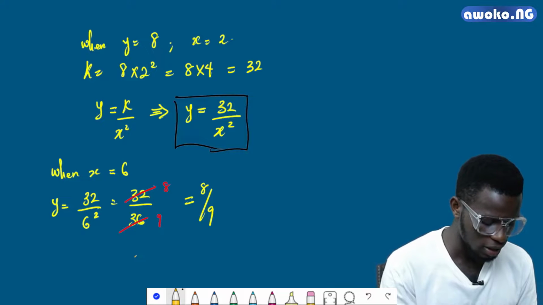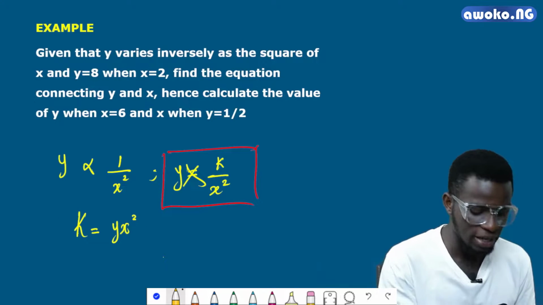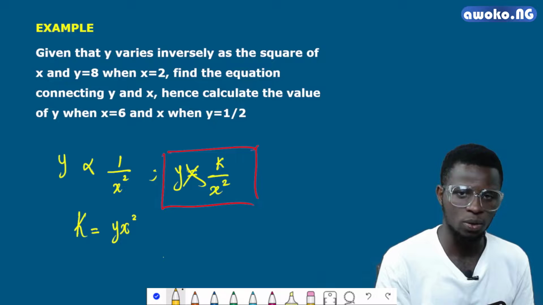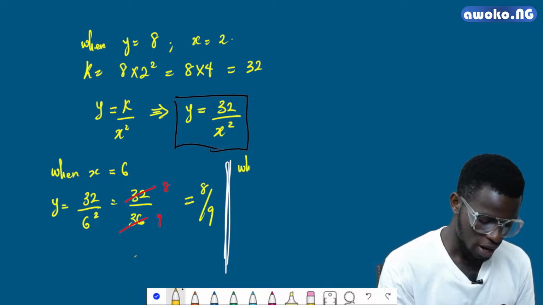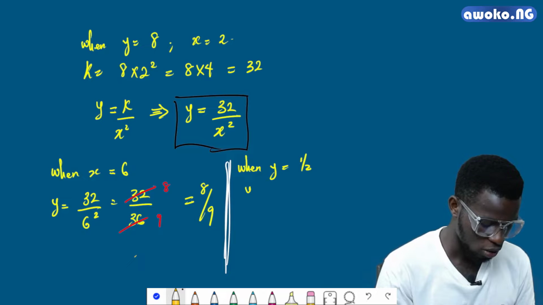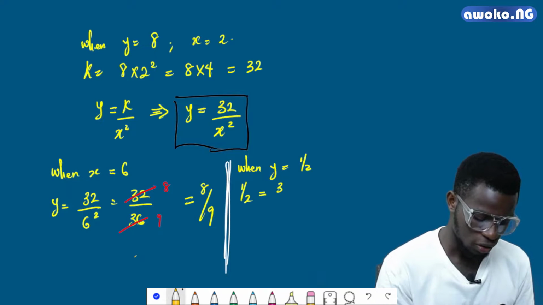The second case is, we said, find X when Y equals 1 over 2. So when Y equals 1 over 2, what is X? So Y, which is equal to 1 over 2, equals 32 over X squared.